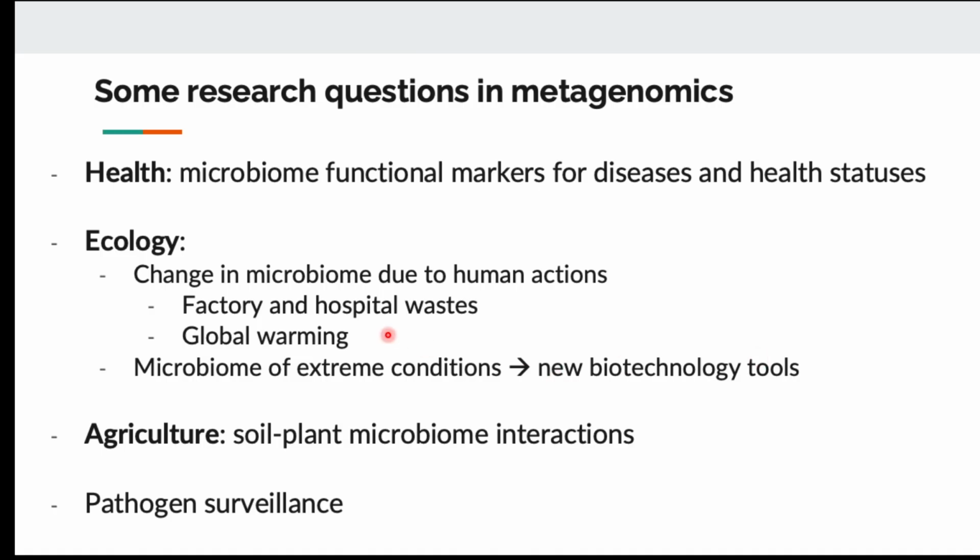For ecology, we want to know how our actions affect the environment. So we can monitor the changes in bacteria species inside factory or hospital waste, so we know whether the use of certain chemicals in the factory or certain antibiotics in the hospital affects the bacteria that we are releasing into the environment.